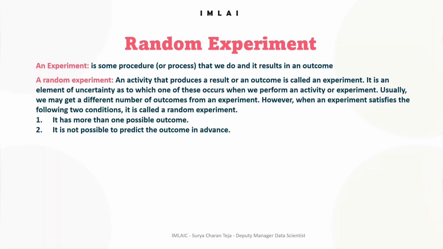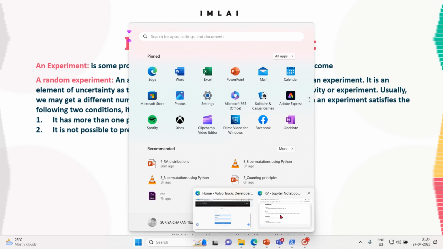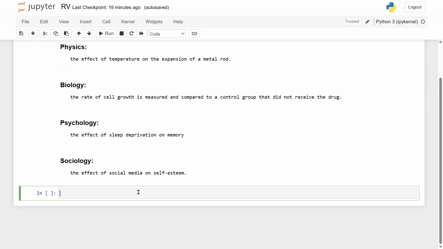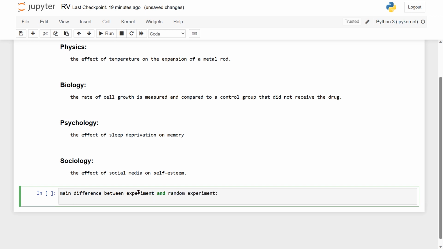So there is a human intervention in an experiment.